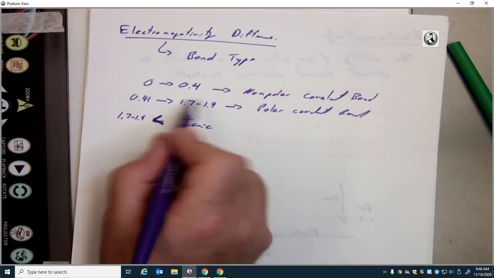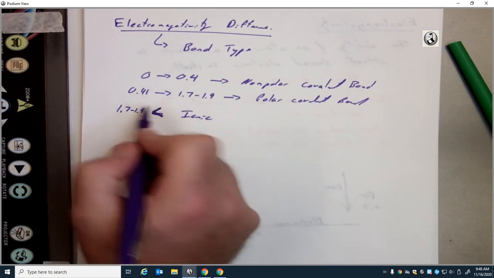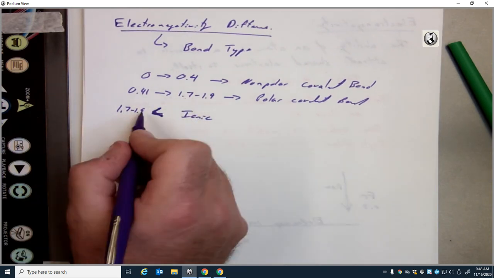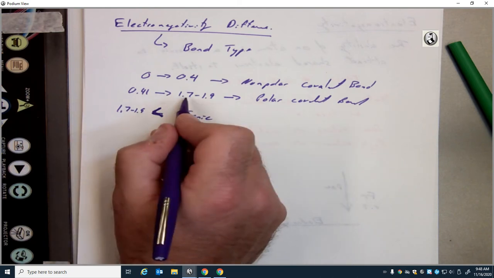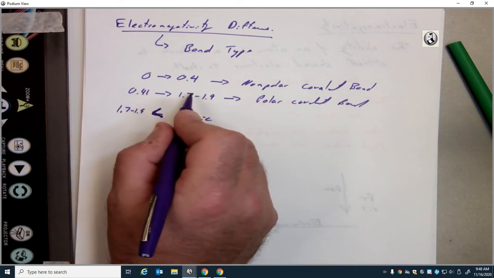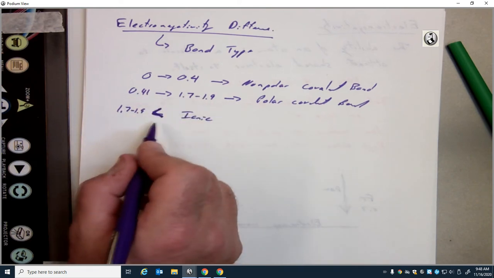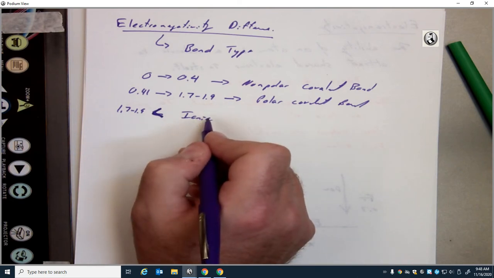It's not that big a deal. You don't really get into this line very often, right? So in general, if you got 1.9, usually it's going to be ionic. If you have 1.7, usually it's going to be polar covalent. But it's not always. There's a fuzzy line here. But if you get to 2.0, it's for sure going to be ionic.